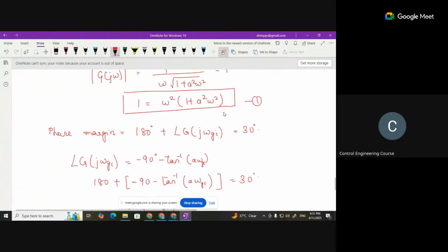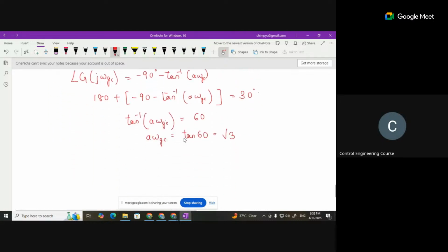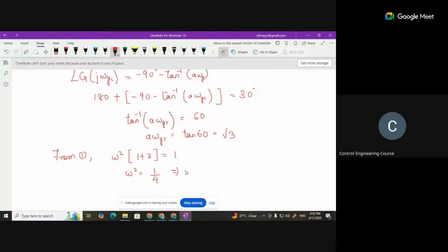So see here, in equation number 1, I can substitute 3 here and calculate the value of omega, right? So from 1, omega square into (1 plus 3) is equal to 1. So omega square will be 1 by 4, or omega is equal to 1 by 2, and this is 0.5, right?